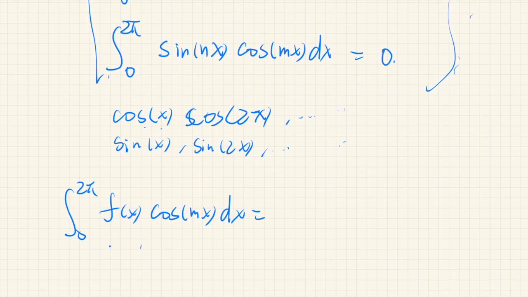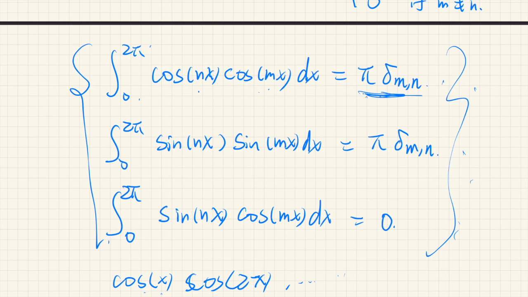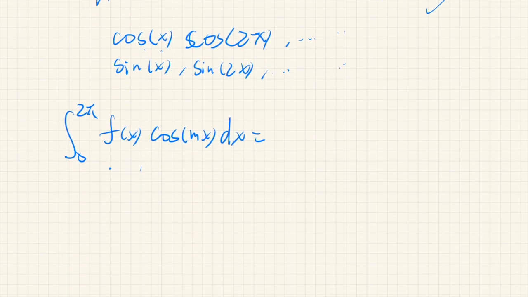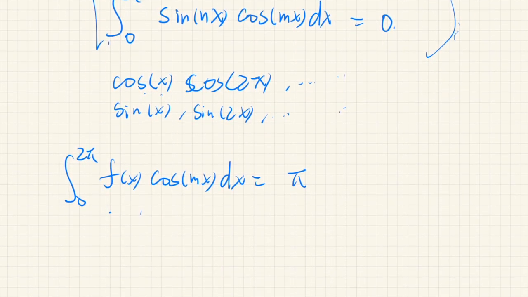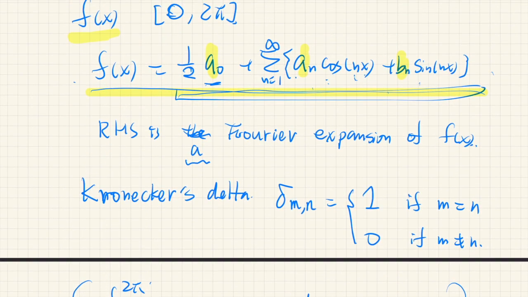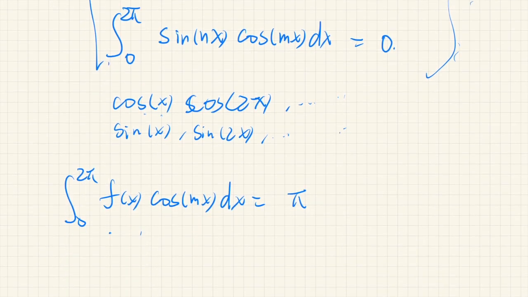In that case, the result is pi, the Kronecker delta is 1, and the coefficient an should be am because n is equal to m, so am is left here.